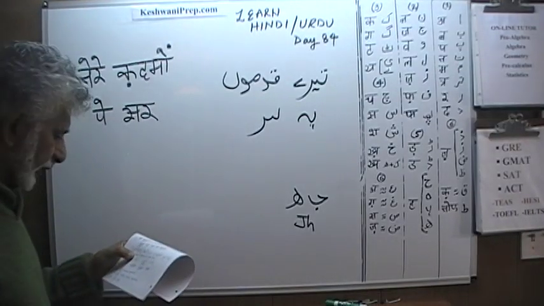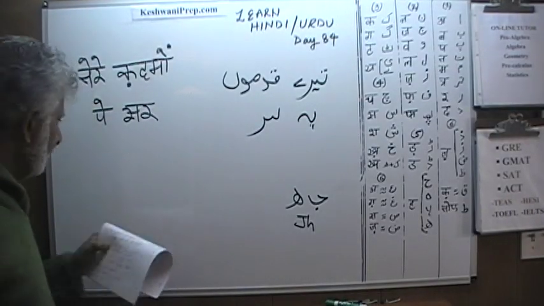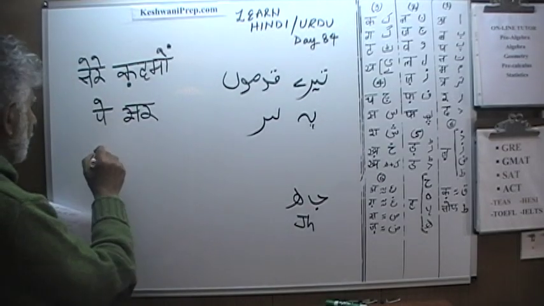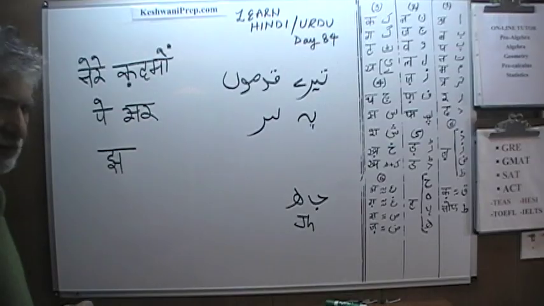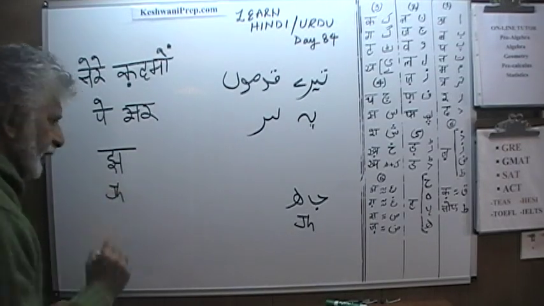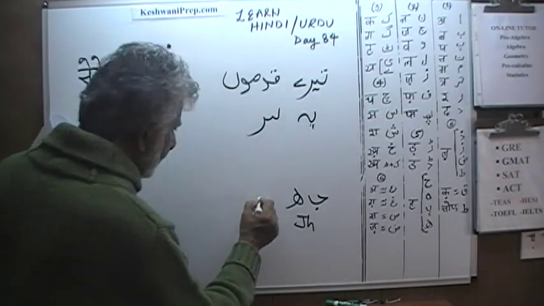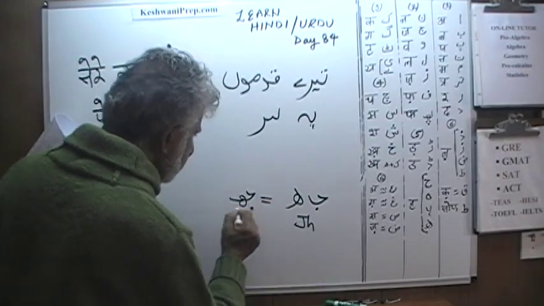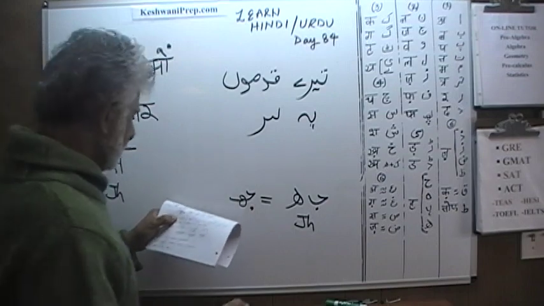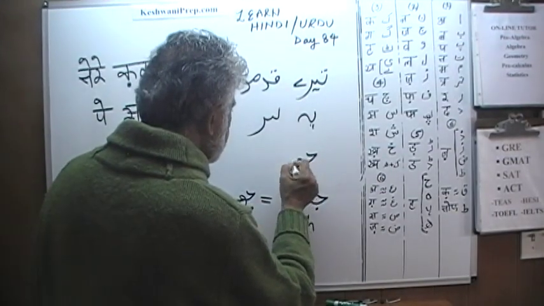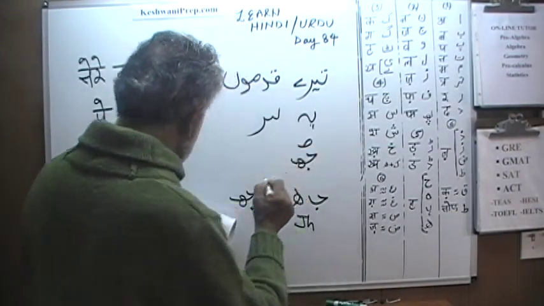Let's see how you write Hindi, J. Oh, it's like this. Tere kadmo pe sir, this is J. That's a J and H. In Urdu you will write it like this. J. Tere kadmo pe sir. We don't need a j, we need a ju.